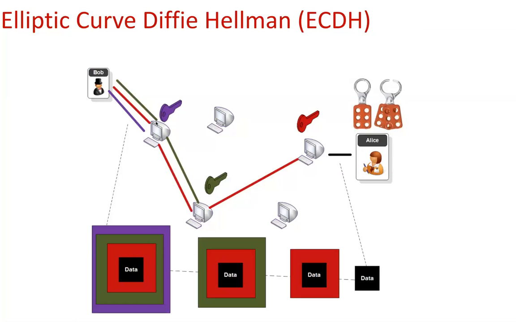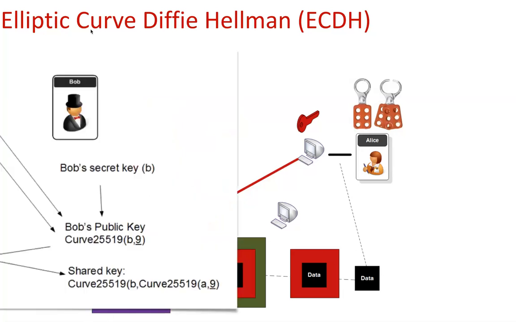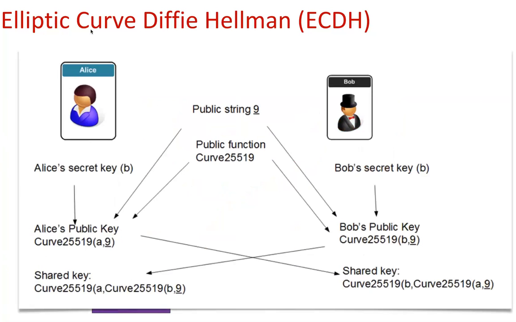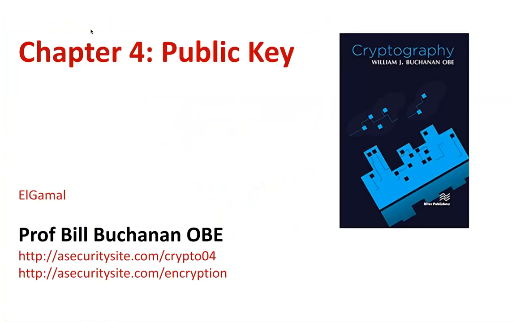So as it goes through, each node takes their encryption key off, and we end up like this. So it ends up like an onion, and we eventually have the unencrypted value here. But the core of this is elliptic curve Diffie-Hellman, which we'll cover next week. So there's an example. We'll cover that in more detail next week.